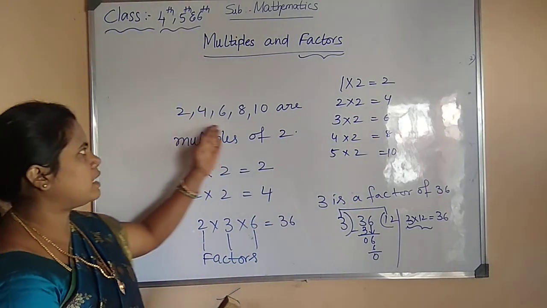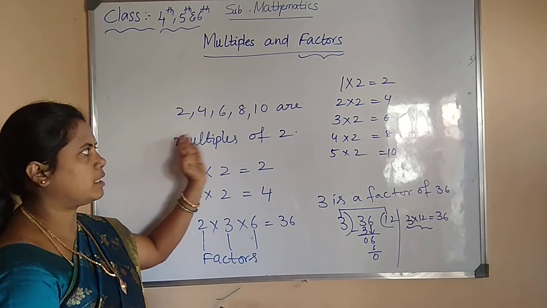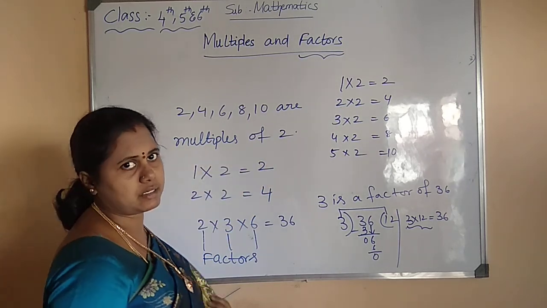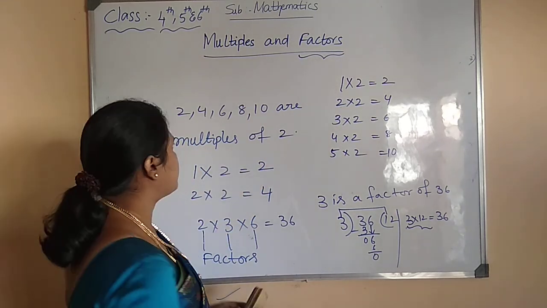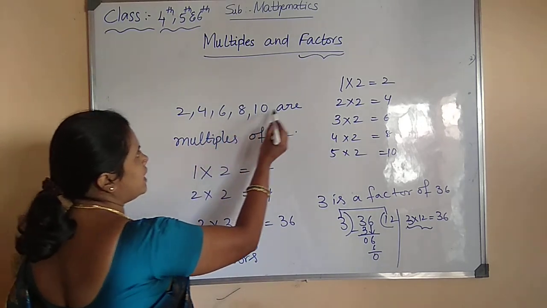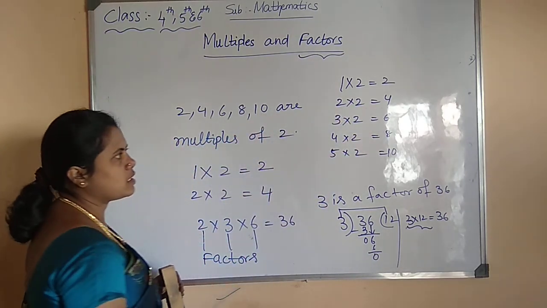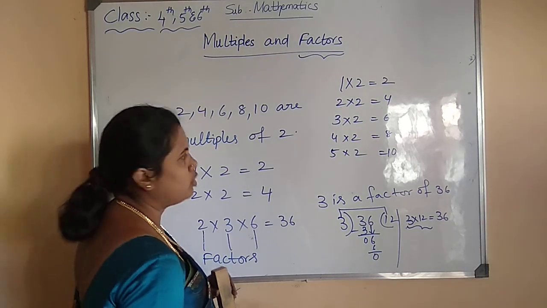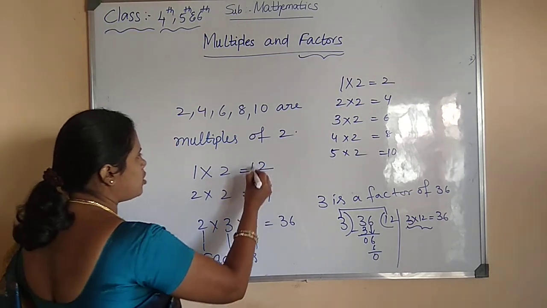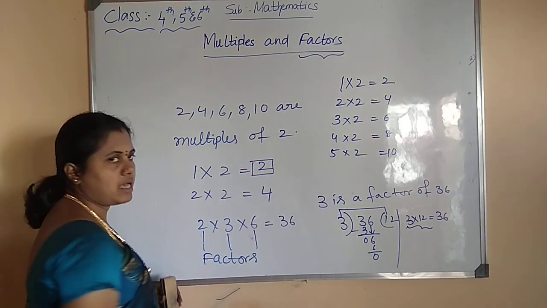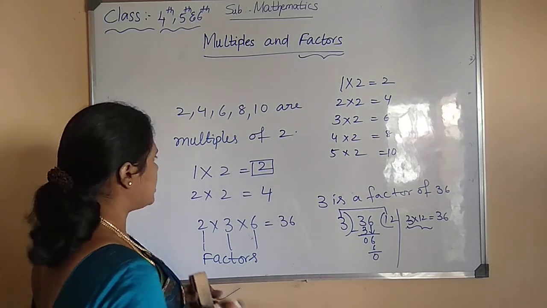That's why these are multiples of 2. Tables are nothing but multiples. 2, 4, 6, 8, 10 are called multiples of 2. And this is called a multiple as well as a product, you can say.